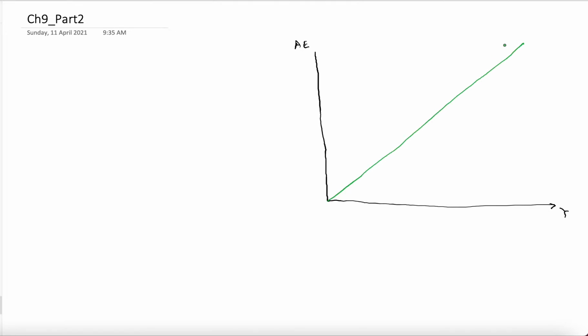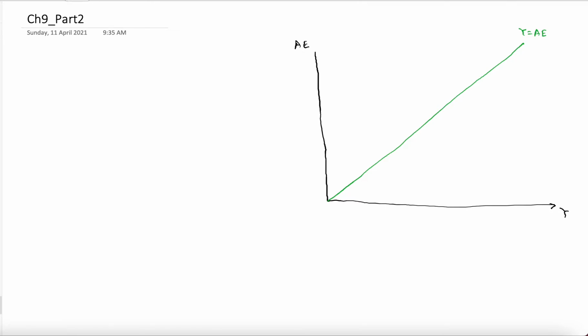The vertical axis is showing the planned aggregate expenditure, the horizontal axis is showing the income, and the 45-degree line, I show it with the green, is showing the equilibrium condition, y is equal to aggregate expenditure.